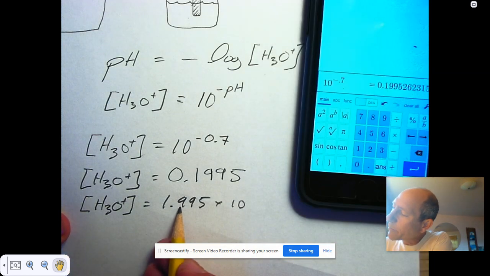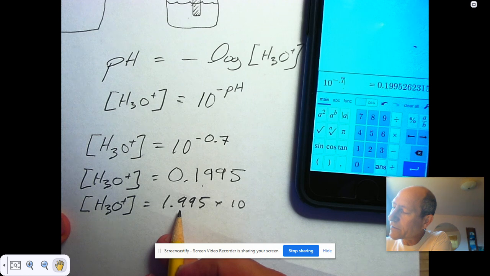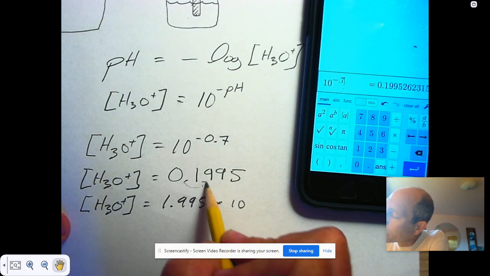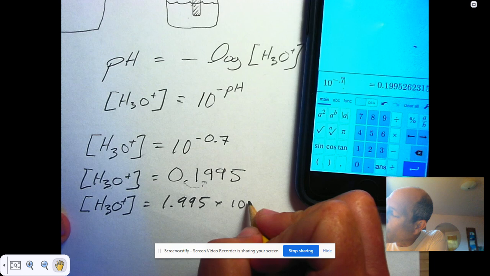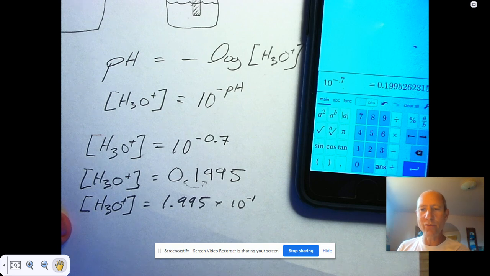So is this number bigger or smaller than the real number? This is the real number, and this number is bigger than the real number. How much bigger? 1 order of magnitude. So that would be times 10 to the 1. But it's not bigger, it's smaller, so it's going to be times 10 to the negative 1.